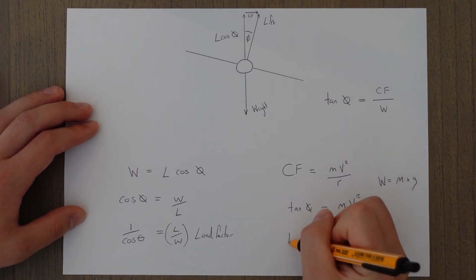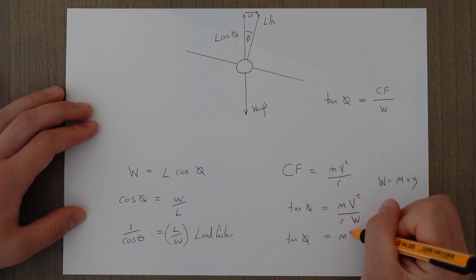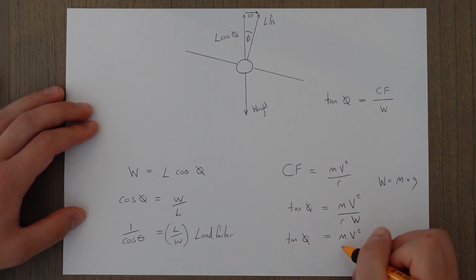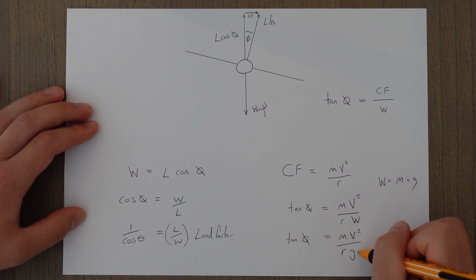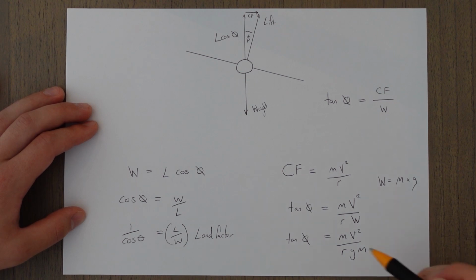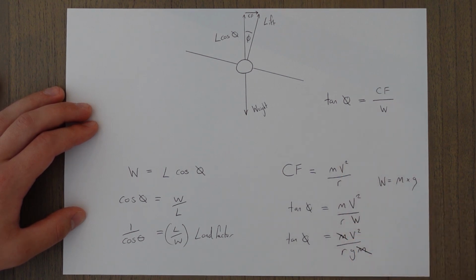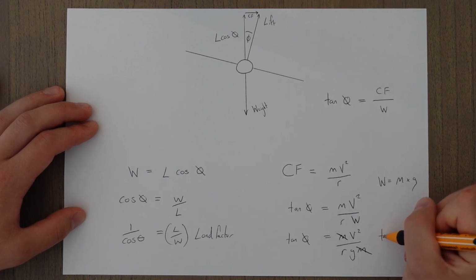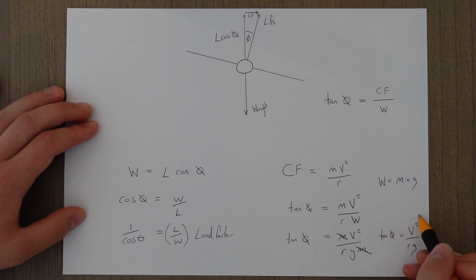So we substitute that in. Tan theta equals mv squared over rgm. The two masses on the top cancel out, and we have eventually, after a bit of maths wizardry, tan theta equals v squared over rg.